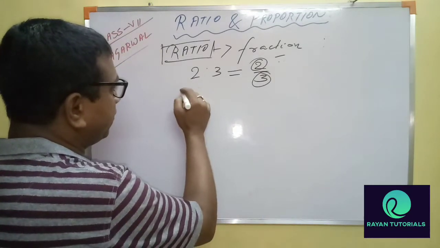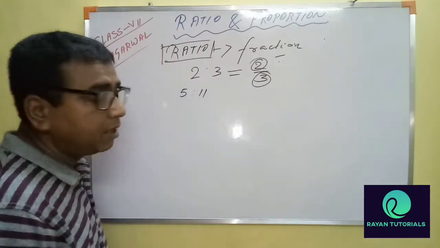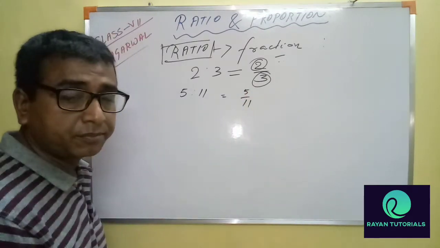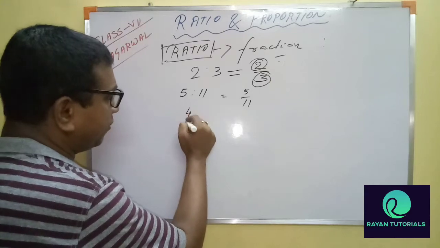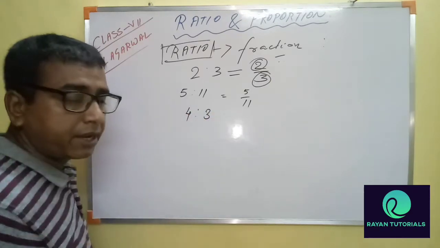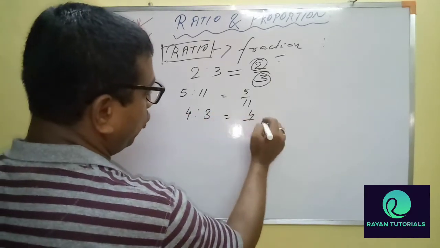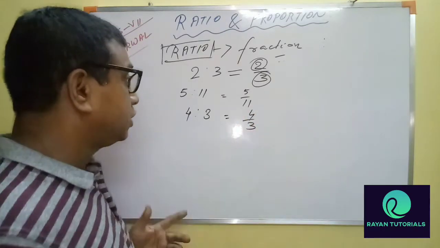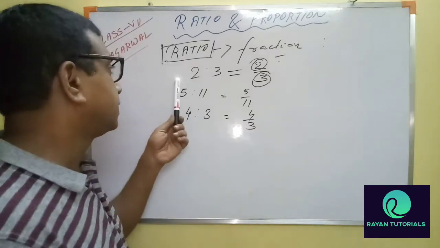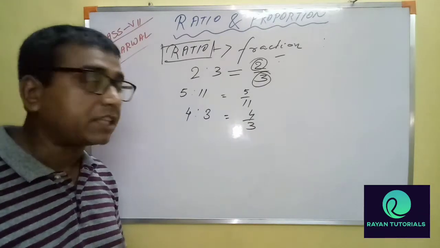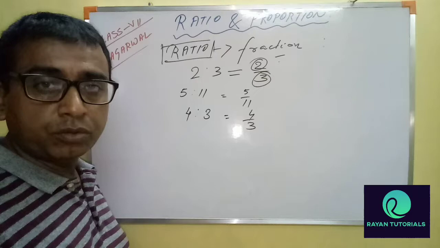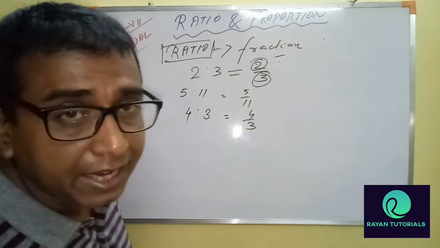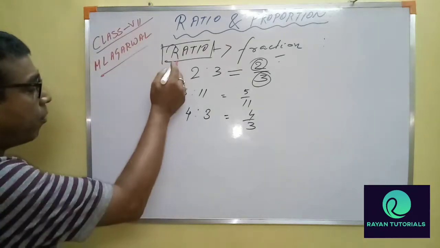If I say 5:11, it means 5/11. If I say 4:3, this means 4/3. It's not always that the fractions should be proper fractions. It can be an improper fraction also. Clear? And ratios are always taken in the simplest form.